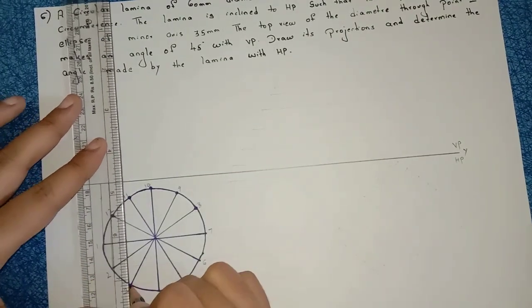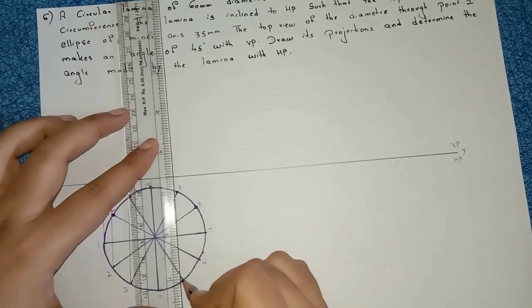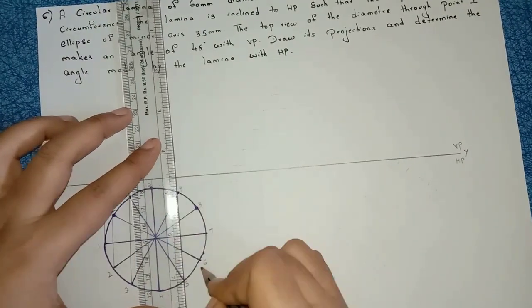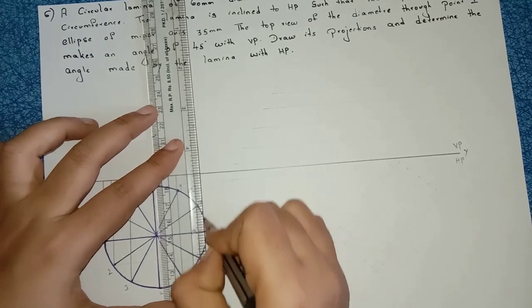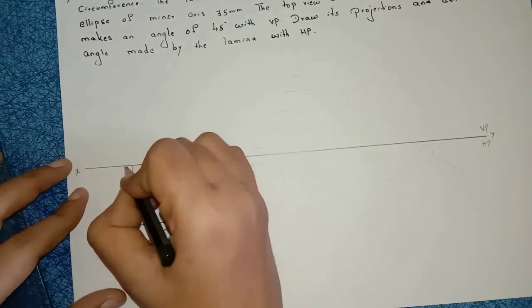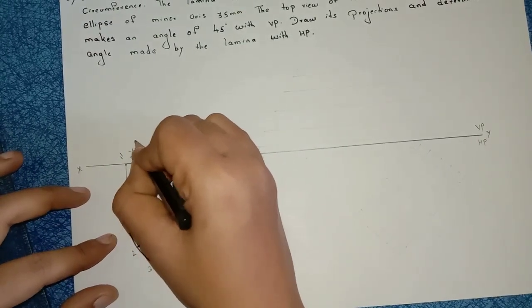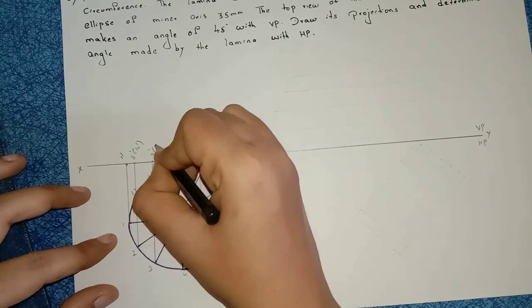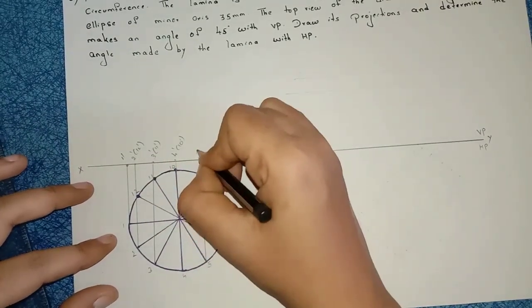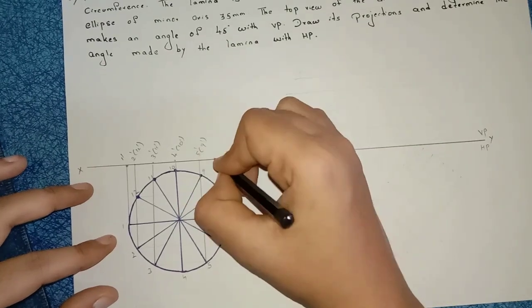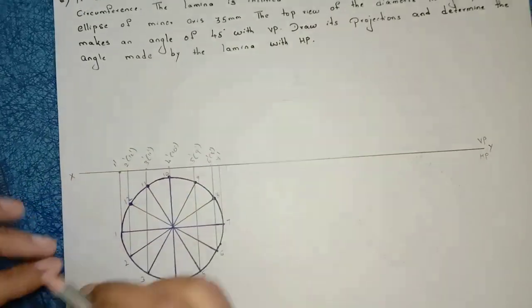2 and 12, 3 and 11, 4 and 10, 5 and 9, 6 and 8, and this is here 7. So what is the point name here? 1 dash, 2 dash of 12 dash, 3 dash of 11 dash, 4 dash of 10 dash, 5 dash of 9 dash, 6 dash of 8 dash, and this is here 7 dash.